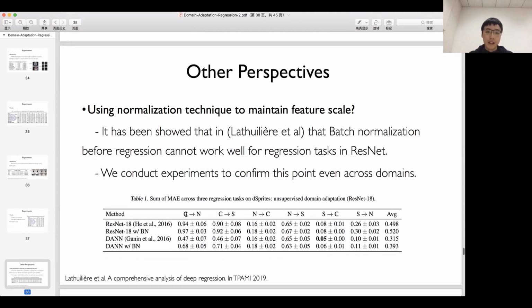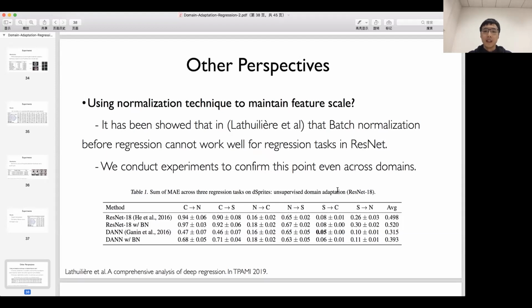So we conducted experiments to confirm this point with different domains. We can find that if we add batch normalization before the regressor using ResNet or DAN, the performance will be worse. So it means that batch normalization is not very good for regression tasks, especially when we use it before the regressor.